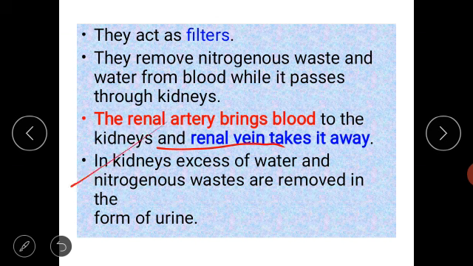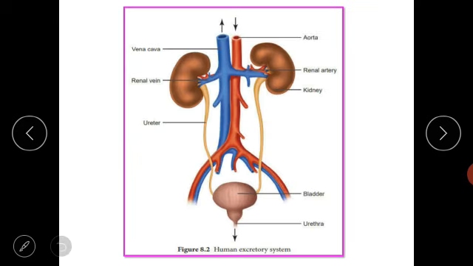In kidneys, excess water and nitrogenous waste are removed in the form of urine. Urine is excreted out of the body, especially in mammals, and it contains water and nitrogenous waste.